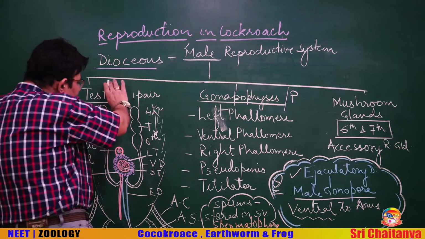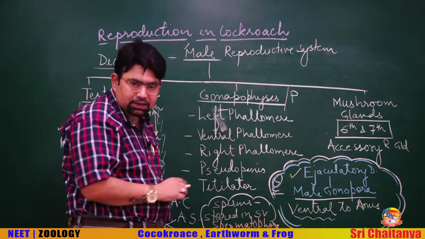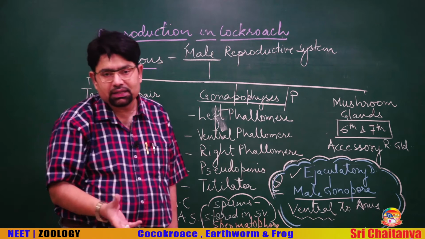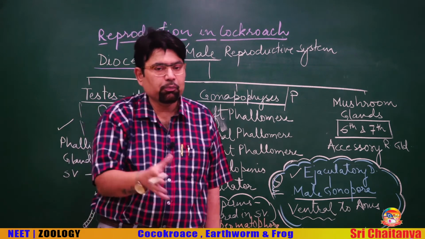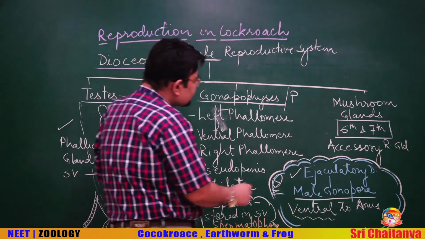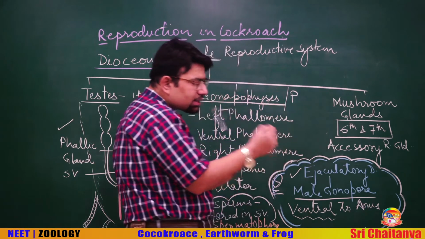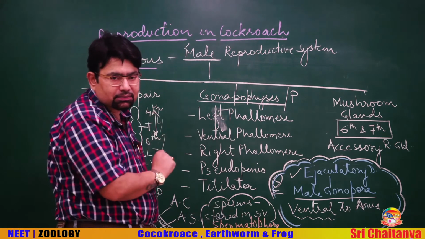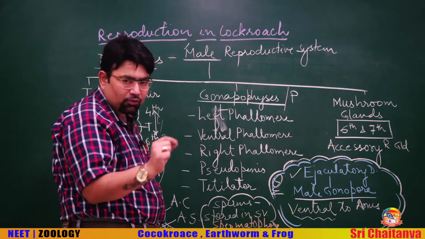Now, besides the testes, there are gonapophyses, also called phallomeres. These are asymmetric chitinous plates which are present in the hind end, in the brood pouch of the male cockroaches. Gonapophyses are also known as phallomeres.